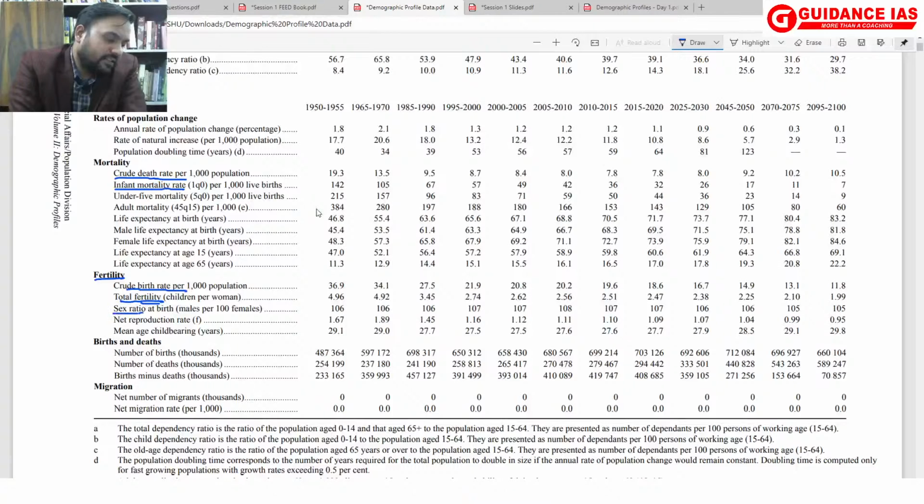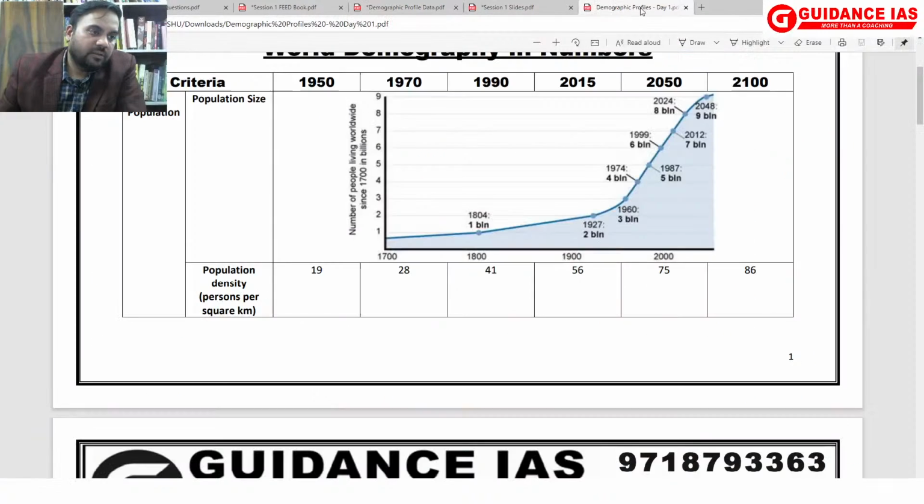Other things like sex ratio you can remember. Okay, so a few things you can remember.